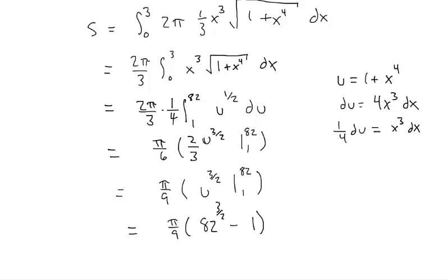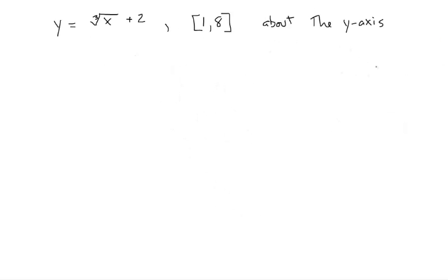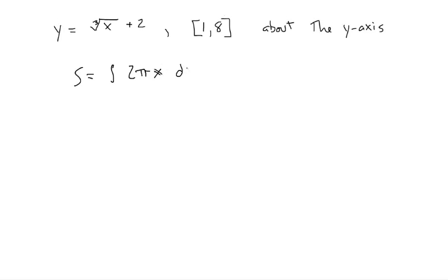In my next example, I have y is equal to the cube root of x plus 2 from 1 to 8 about the y-axis. So in this problem, we're going about the y-axis, so we're going to have s is equal to the integral of 2 pi x ds.